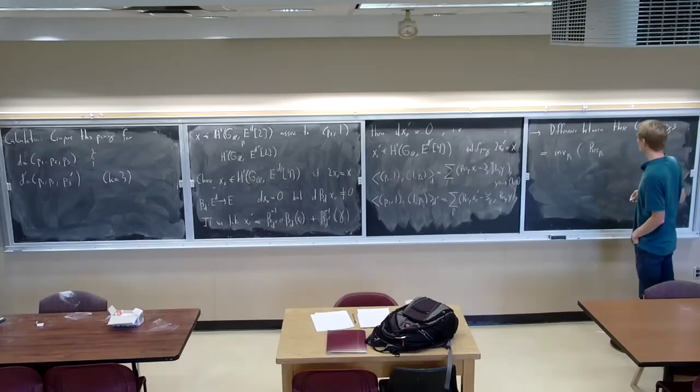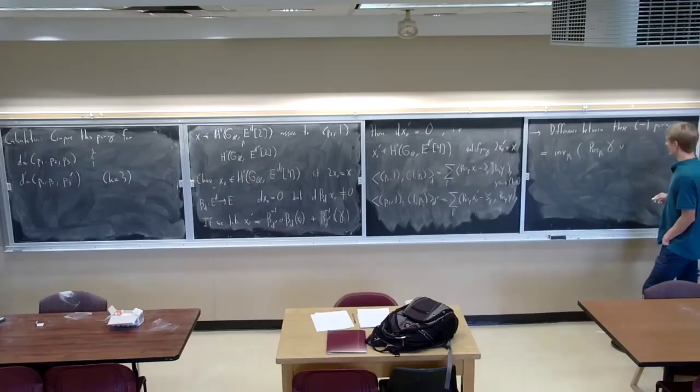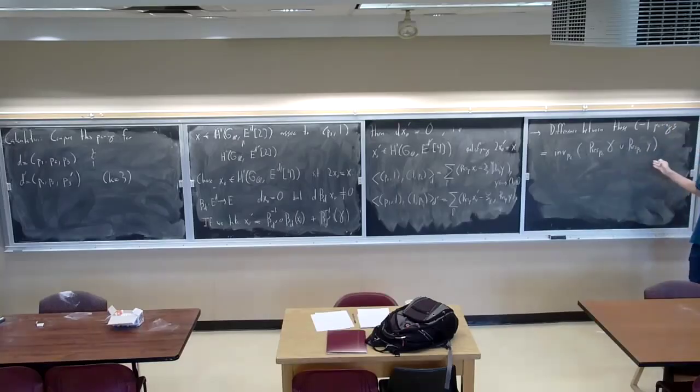So the restriction to P2 of our one cochain gamma is cupped with the restriction to P2 of y. So we end up with this formula.